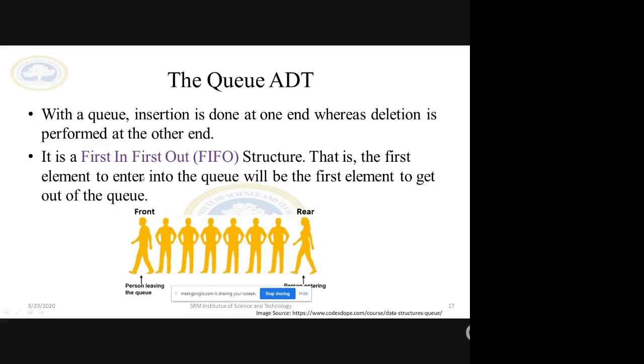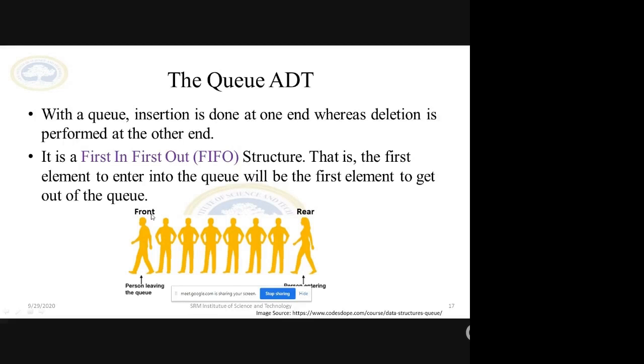So when a queue insertion is done, it will always be done at the rear end only. In your stack, when you push, you will be incrementing as top plus 1.